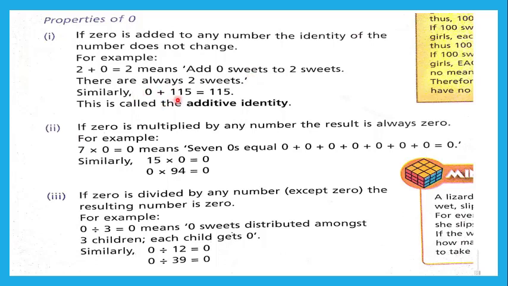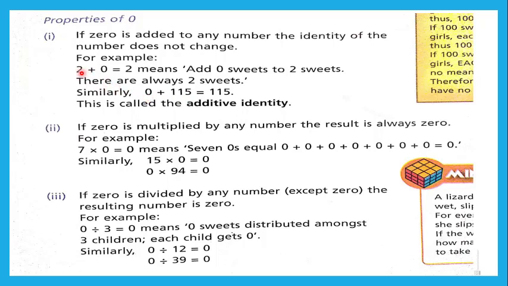Similarly, if the number is bigger like 115, and you add 0 to 115, the answer is still 115. This property is called additive identity. 115 has maintained its identity when it was added to 0.